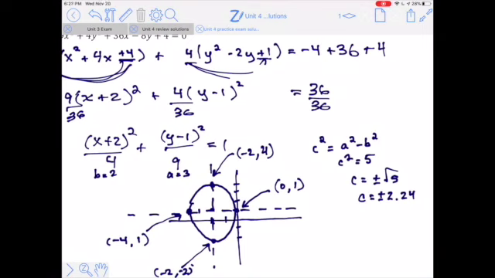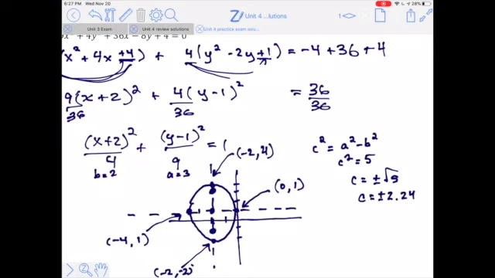Which direction? Up, down, left, right? Up and down, because the major axis is in the vertical direction, and the foci always go on the major axis. So I'm going to go 2.24 up from the center, and 2.24 down.